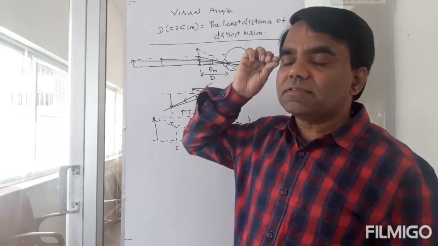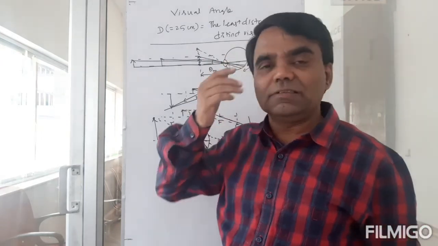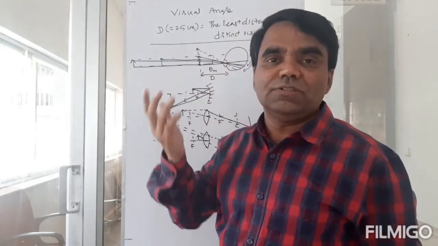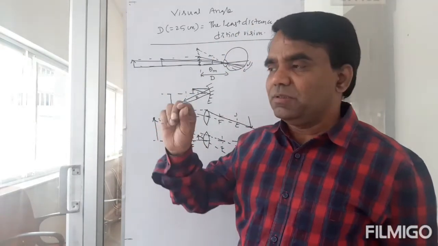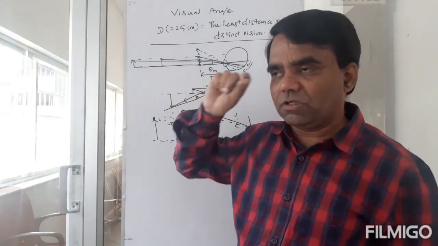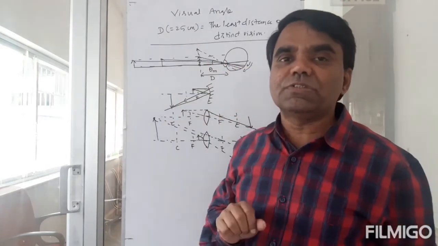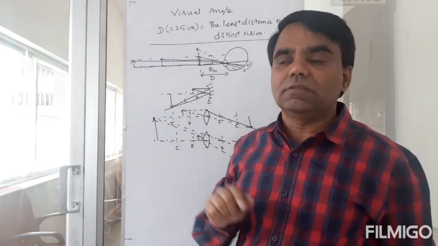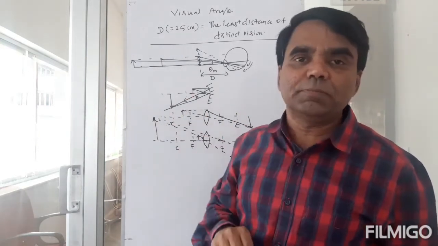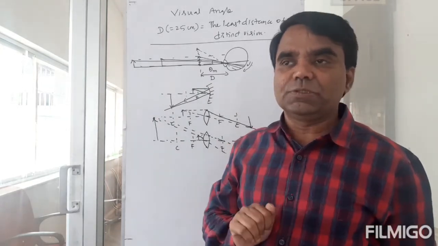So it hardly excites the sensory cells on your retina, so you cannot see. But if somehow I can make the image bigger, and it falls on the retina, it will make a bigger visual angle, then you will be able to see the object in this image. So this is the idea behind microscopes.